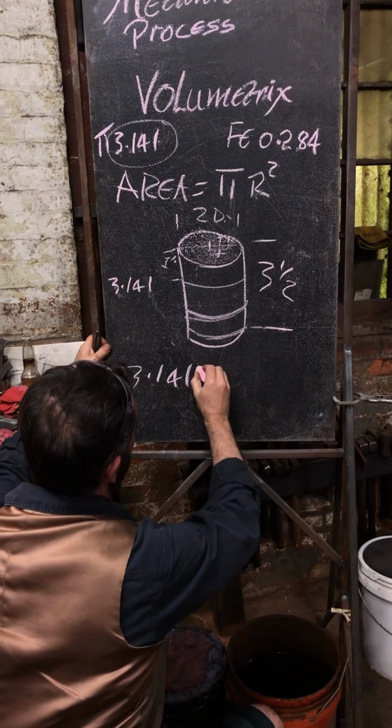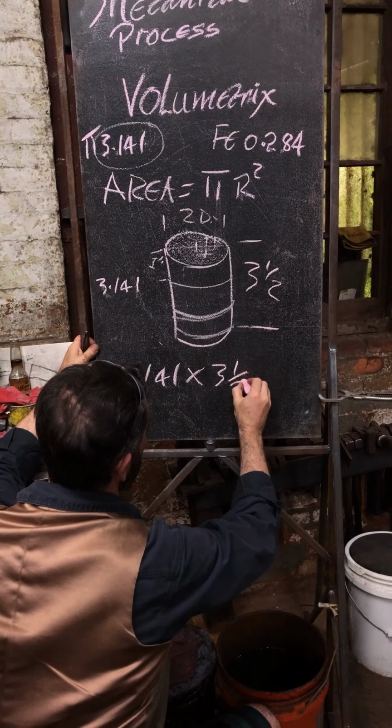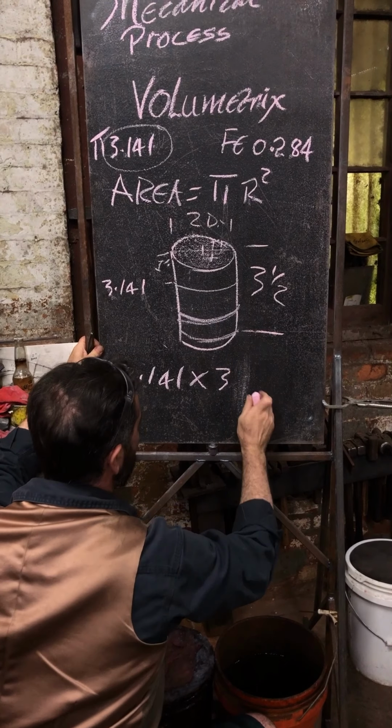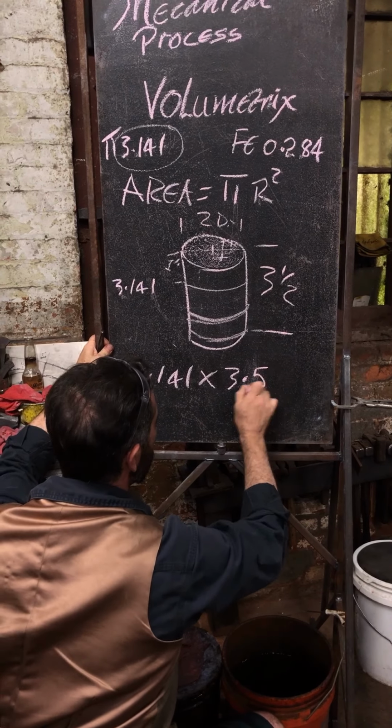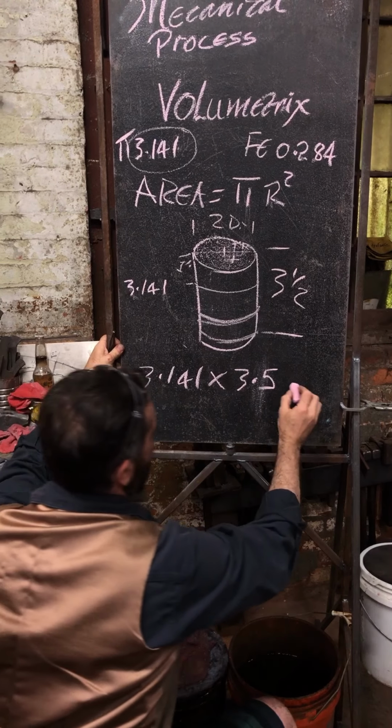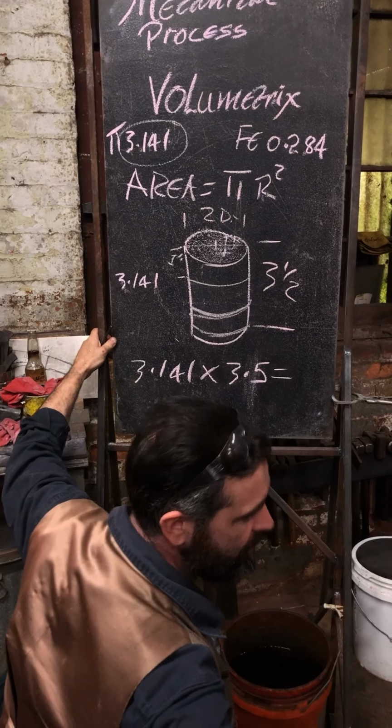Actual math on this would be 3.141 times 3.5. Sorry, let's keep it full decimal. 3.5. I'm going to cheat and use the calculator.